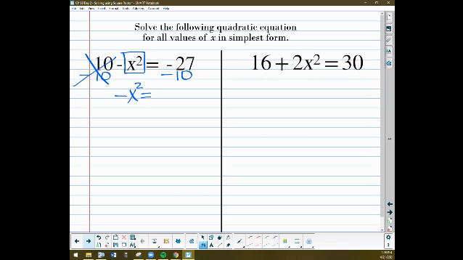Negative 27 minus 10 is negative 37. And then x squared isn't quite alone yet, right? I got that negative out in front that I got to deal with. So in order to get rid of it, I can divide by negative 1. And I get x squared equals 37.